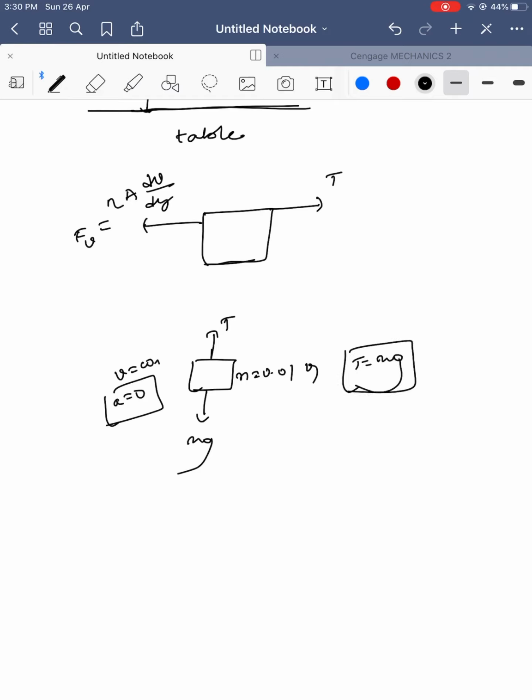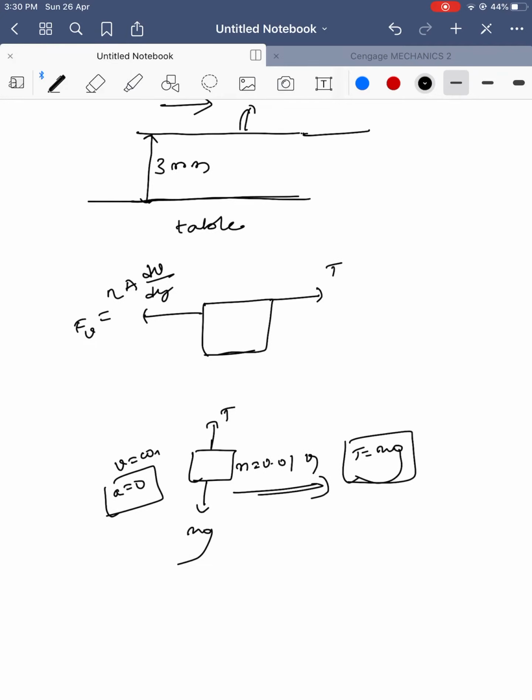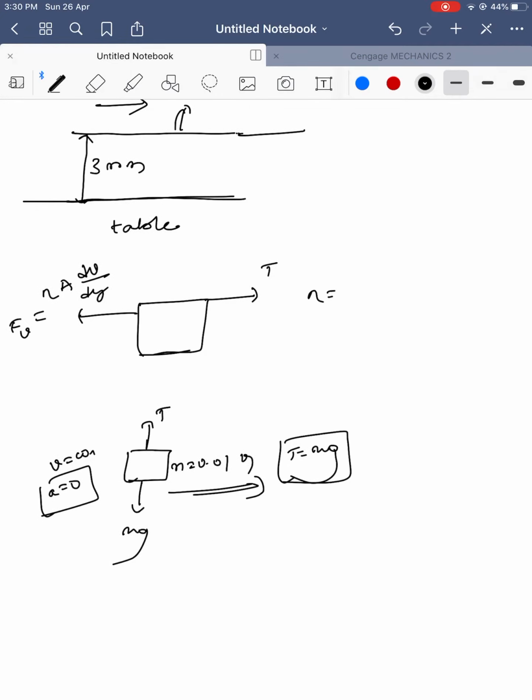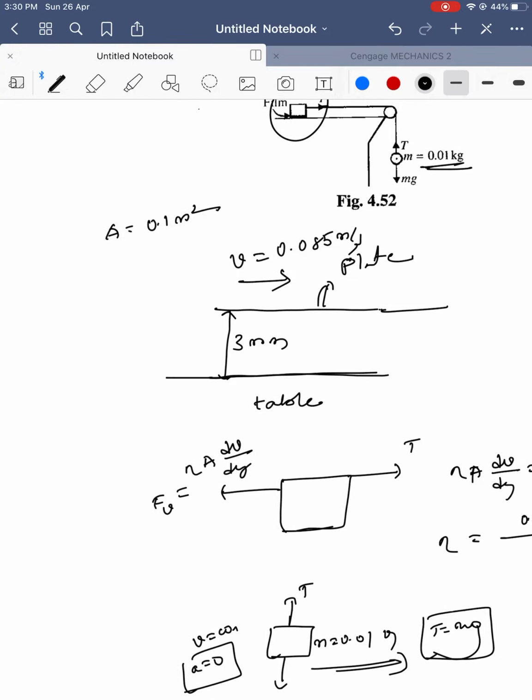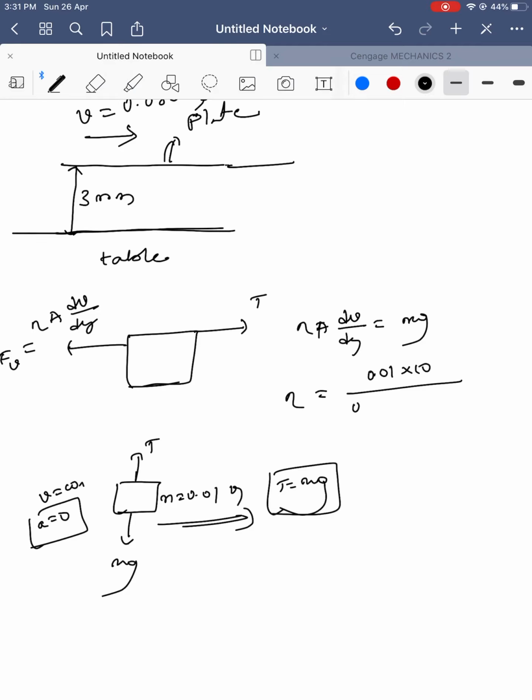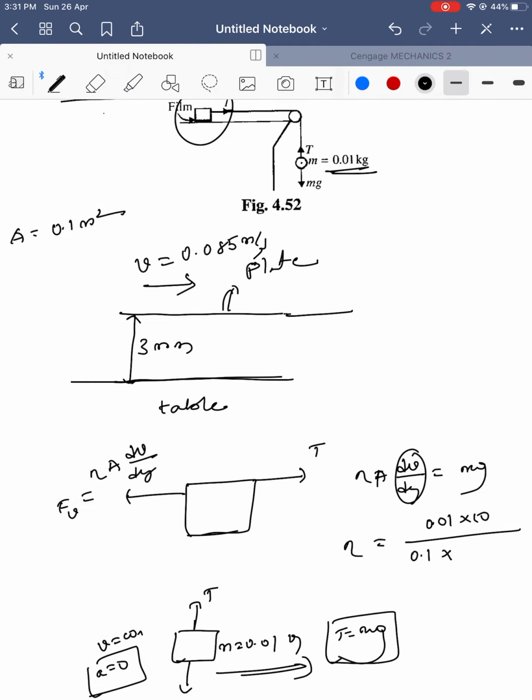If T is equal to mg, from this expression let's substitute here: mu A dv by dy is equal to mg. Mu we don't know. Mu is equal to m, which is 0.01, into g, which is 10, by area, given as 0.1 meter square, into dv. What is the velocity?